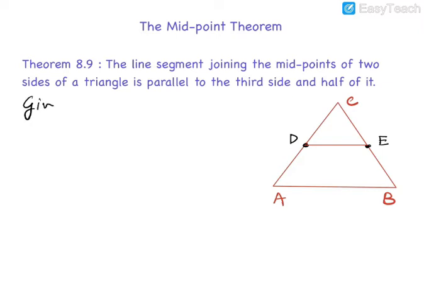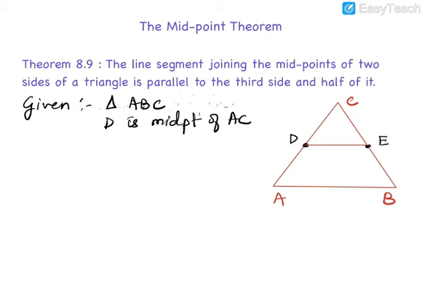So let's write down what is given. We are given triangle ABC, in which D is midpoint of AC, E is midpoint of BC. What do we have to prove?